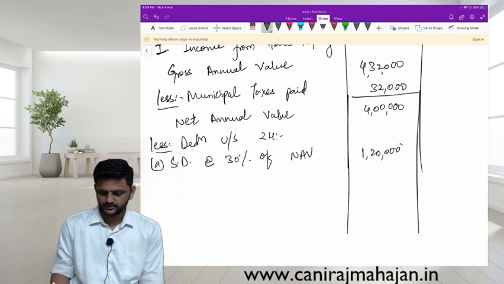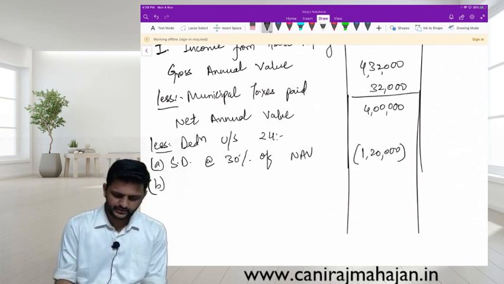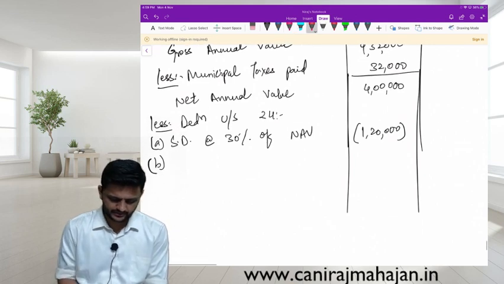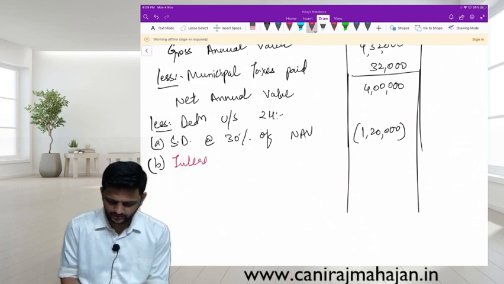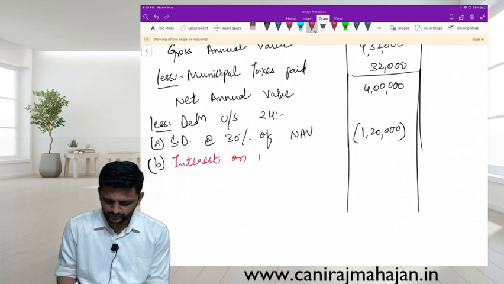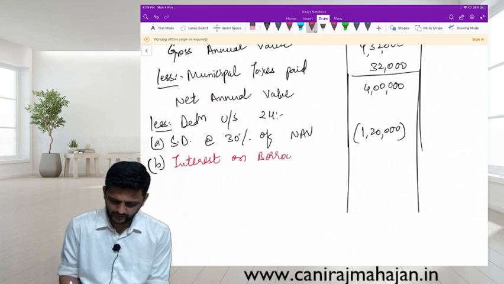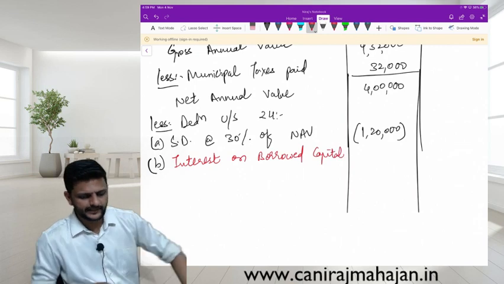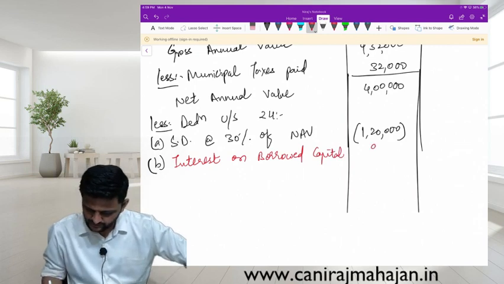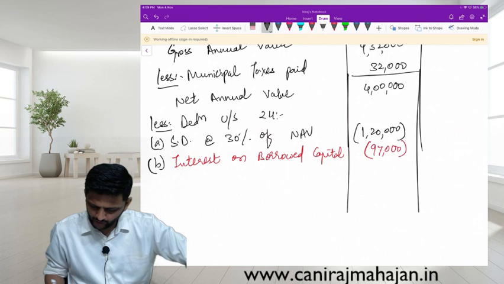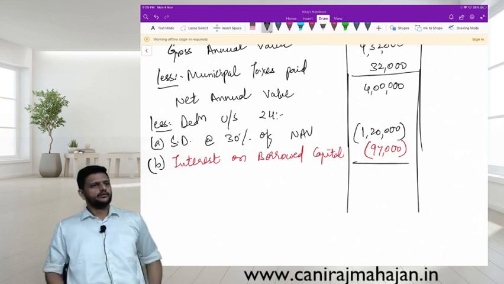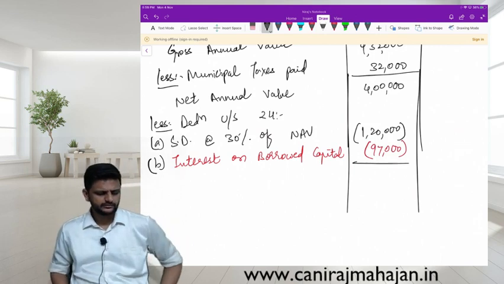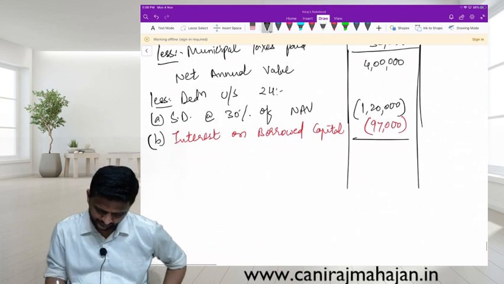Correct, no? And then B was interesting, is interest on borrowed capital. How much? 97,000. How much? 1 lakh? 83,000? Okay.